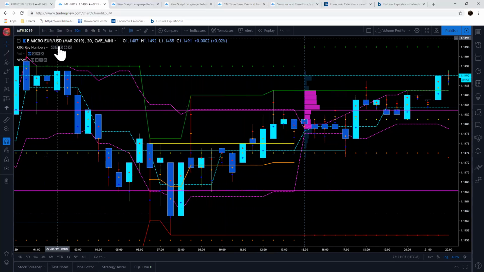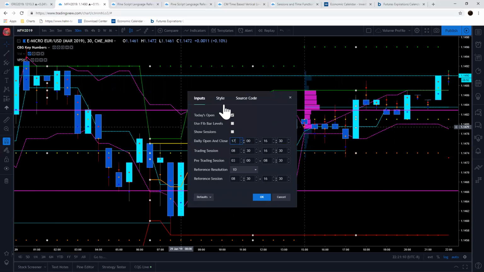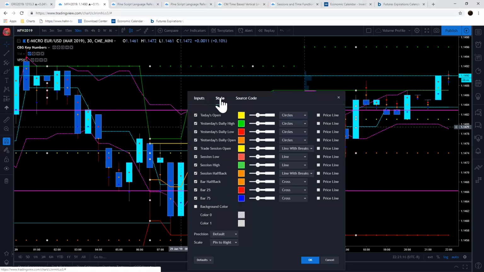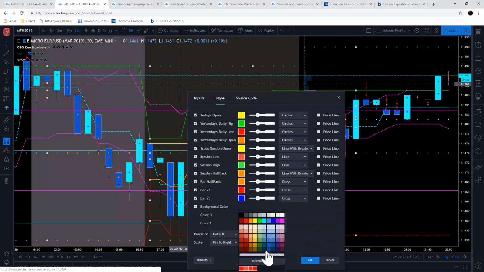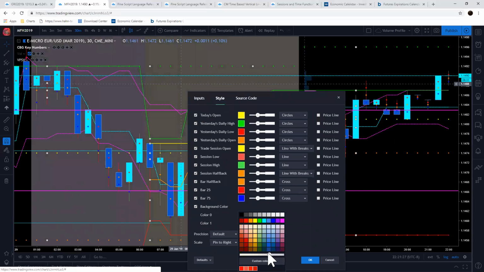There's actually one more feature which I personally don't use, but I put it in for completeness, which is that you could show the sessions. You come here and you can shade, if this helps you when you're trading, I put this in there just for you.